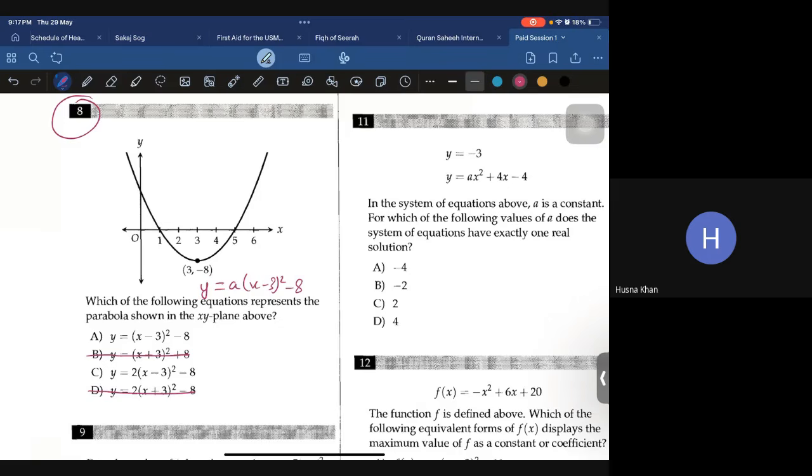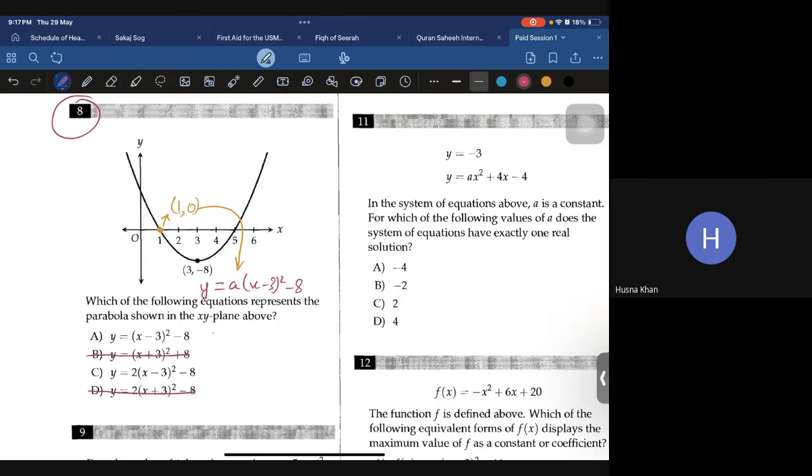Now to confirm the value of A, what we can do is that we take any one of these 2 points. So if we consider the first point, the coordinates of this point, this is the x-intercept, the coordinates will be 1, comma 0. So I can input the coordinates of this point into the equation.